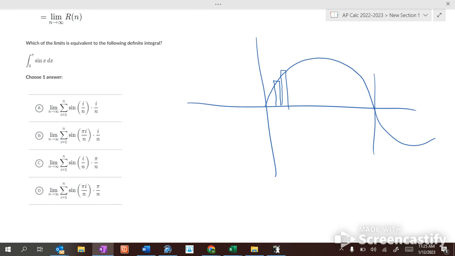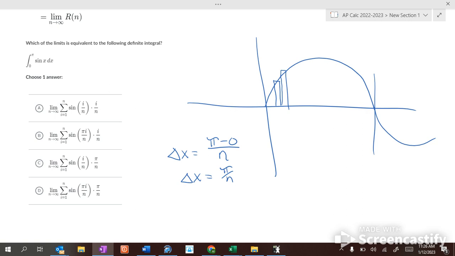So how wide is it? Well, to find our change in x, we go pi minus 0 divided by the number of rectangles. How many rectangles do we have? We have n rectangles. So the width of each rectangle is pi over n.